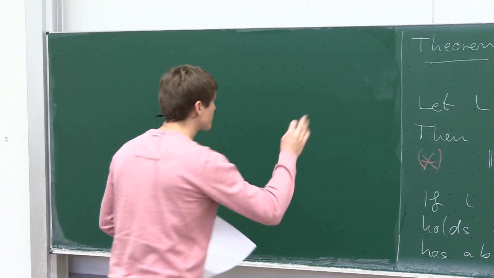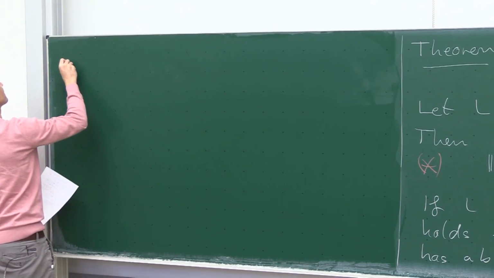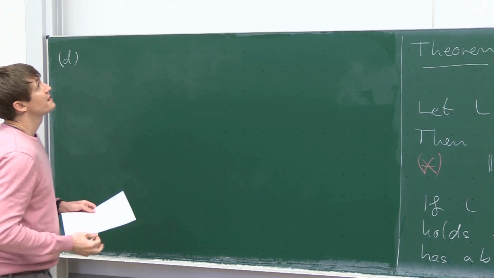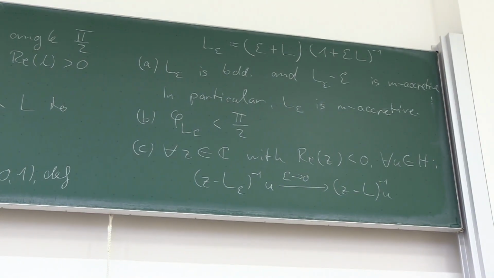Okay, so we have a strong approximation property here of the resolvents of L epsilon to the resolvent of L. Okay, and the fourth property we will prove, this is also the last property of this lemma, is that we can't just approximate resolvents of L by resolvents of L epsilon, but that we can approximate each element in the Dunford-Riesz class, or when I plug in L epsilon into each element of the Dunford-Riesz class, we can approximate the corresponding operator when we plug in L into this Dunford-Riesz class function.